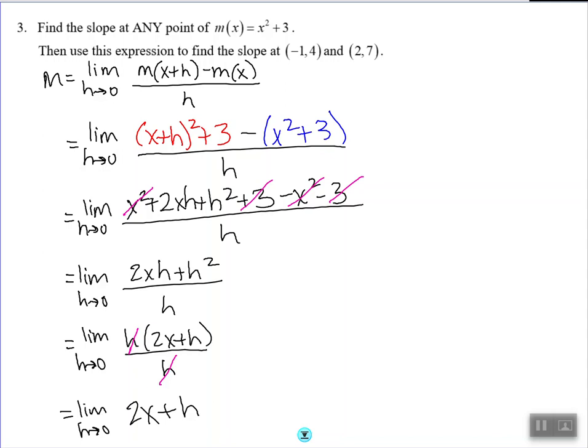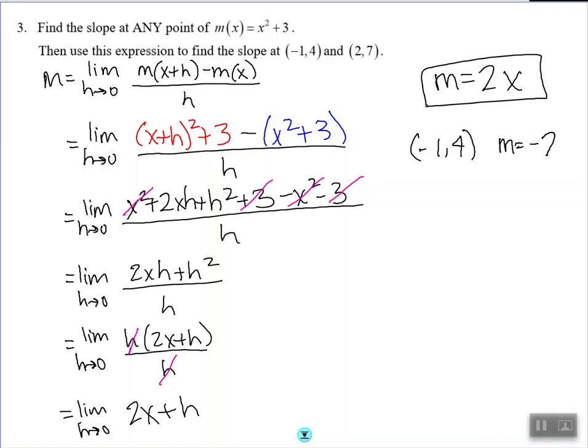If I plug in 0 for h, I end up with the slope is equal to 2x, which is the same function that we had in the previous example. So now, at the point -1, 4, if I plug in -1 for x, I have that the slope is -2. And at the point 2, 7, if I plug in 2 for x, I end up with the slope of 4.